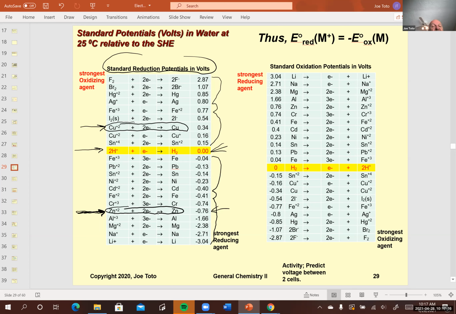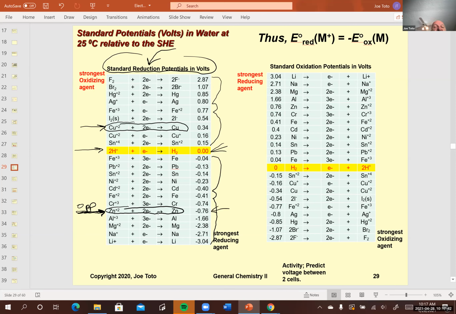So when you use this chart, you can use it as a ranking of the propensity to be reduced. Anything above anything else gets reduced, and the thing below gets oxidized. So the reaction of zinc was opposite of the reduction.